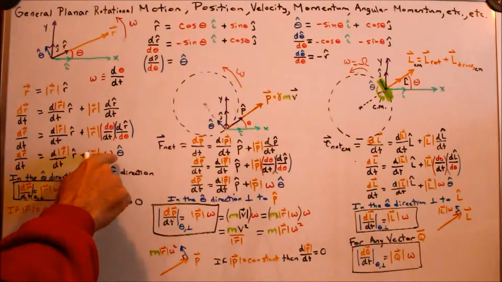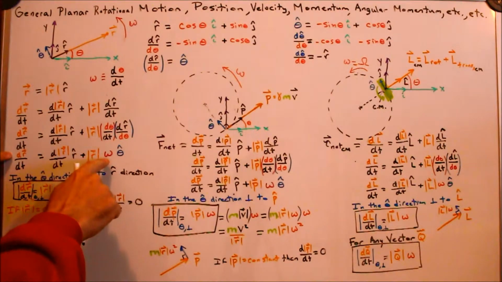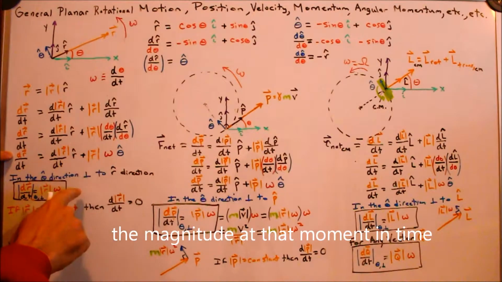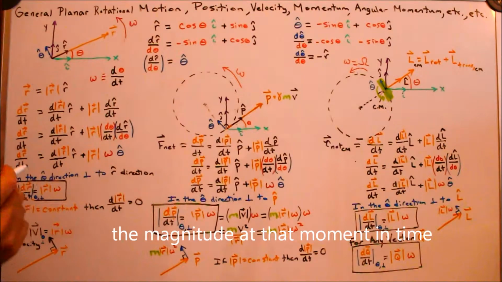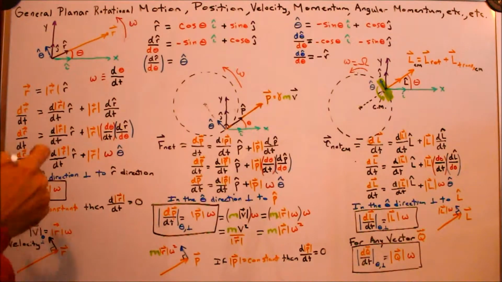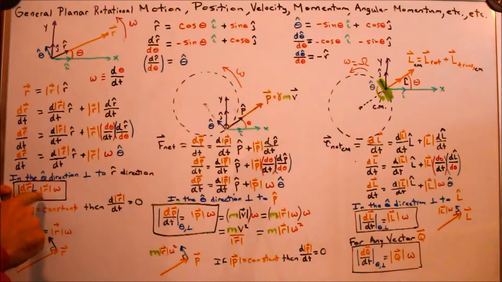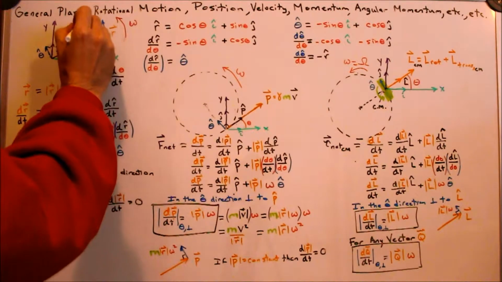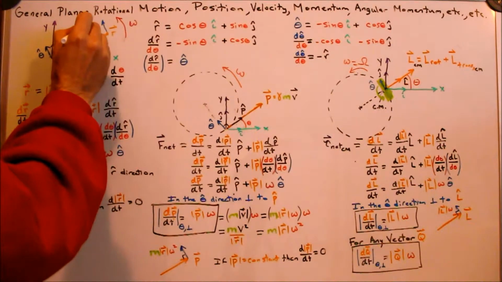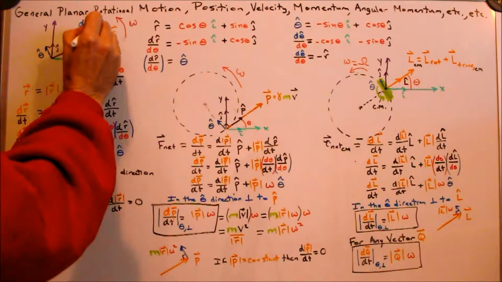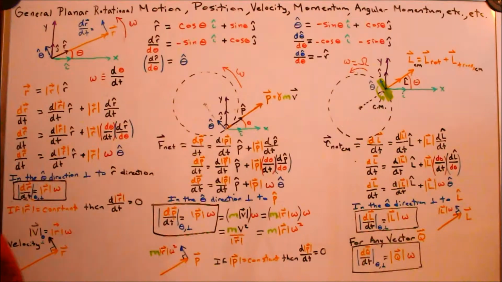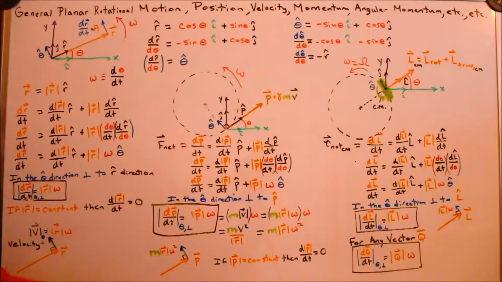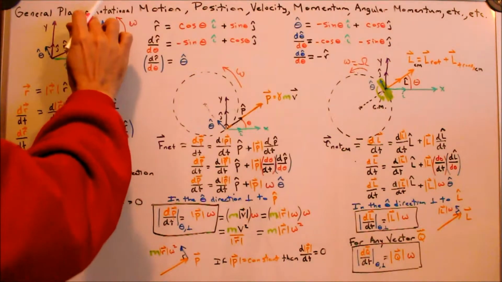This is the rate of change of r hat as a function of time: just the magnitude times omega, either in the theta direction or perpendicular to the motion. So if I do the dr dt, it equals just this, the magnitude of r omega. I didn't draw that very well.